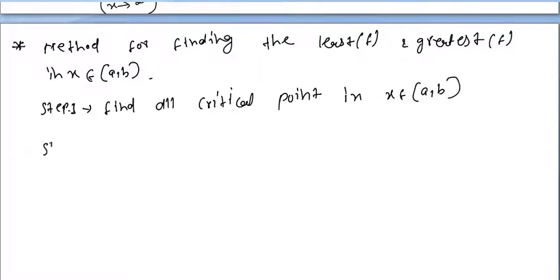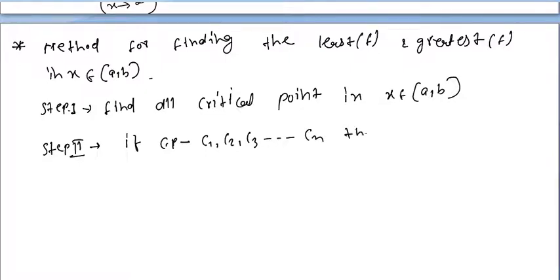And step 2 is a very simple step, not a big different method. Suppose you have critical points c1, c2, c3 and so on, say that you have n critical points.